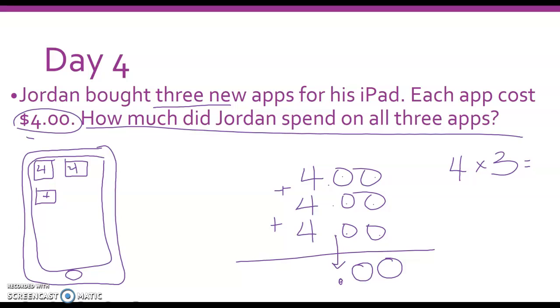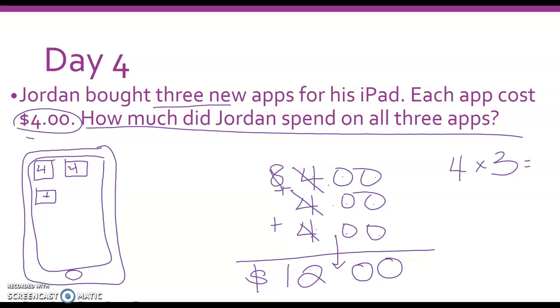So, over here for my dollars, I have 4 plus 4 plus 4. Let's do it one at a time. So I'm going to go 4 plus 4, which is 8. So now I have 8 plus 4, which is 12. So, for Jordan to buy all 3 apps, he needs to spend $12.